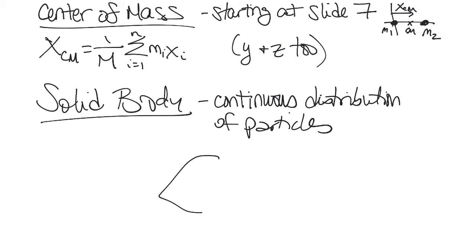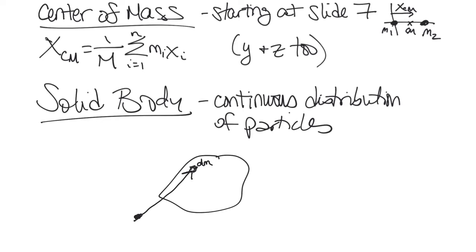If I've got that, and I'm trying to figure out what's the center of mass of that thing, I need to take little chunks of mass and say how far away each is from the origin. I need to take all these little tiny bits of mass all around this object and add them up, right?